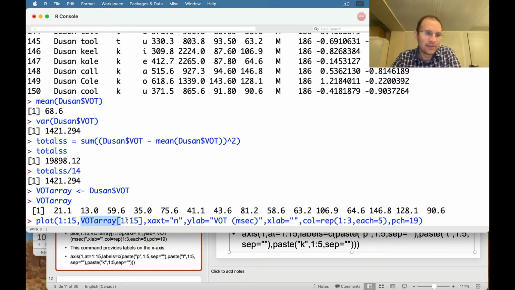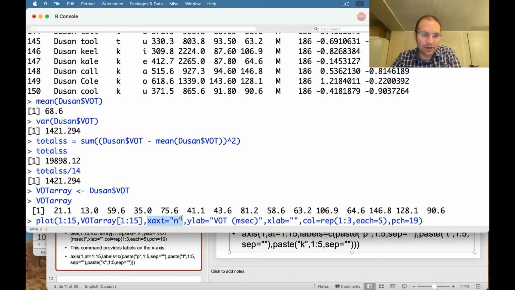And for the y value, it's basically saying go through the VOT array values in order from the 1st to the 15th, and then plot those alongside x as it goes from 1 to 15 in value on up the scale.